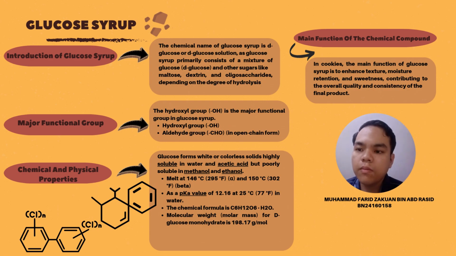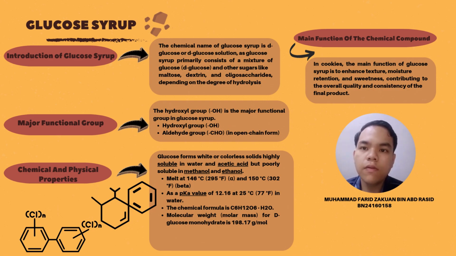The chemical formula is C6H12O6. The molecular weight for glucose monohydrate is 198.17 g/mol.